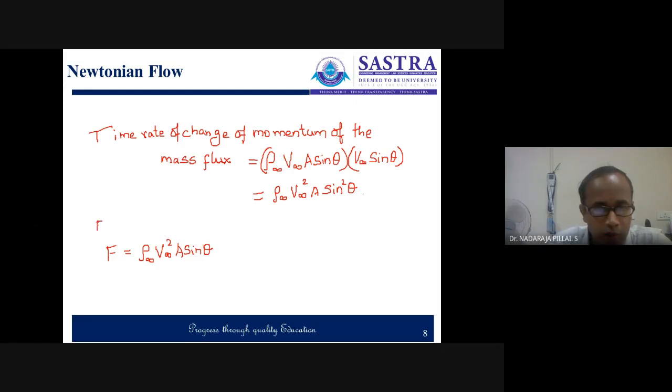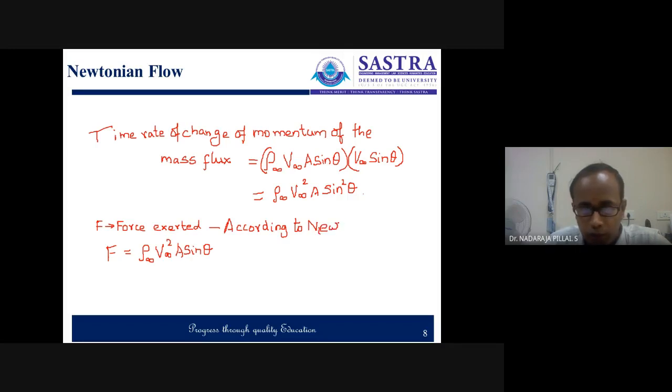So here F is the force exerted, right? Then according to Newton's second law, we can write F is equal to rho infinity v infinity square A sine theta, right?